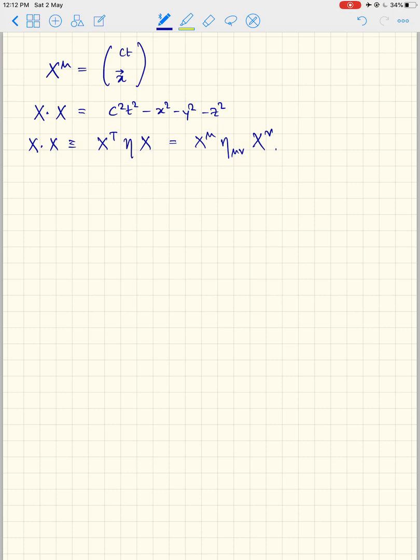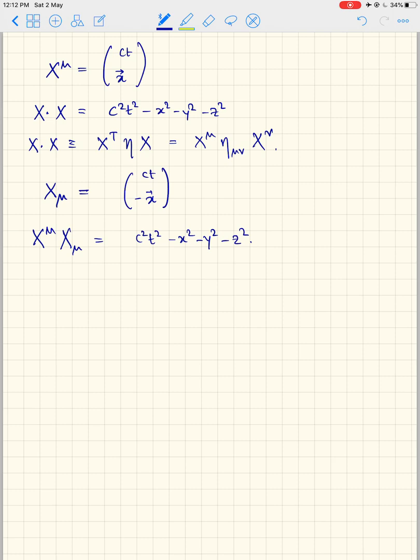We're going to define something which is notionally x lower mu, and this is given by ct and minus x vector, such that x mu x mu is just c squared t squared minus x squared minus y squared minus z squared.